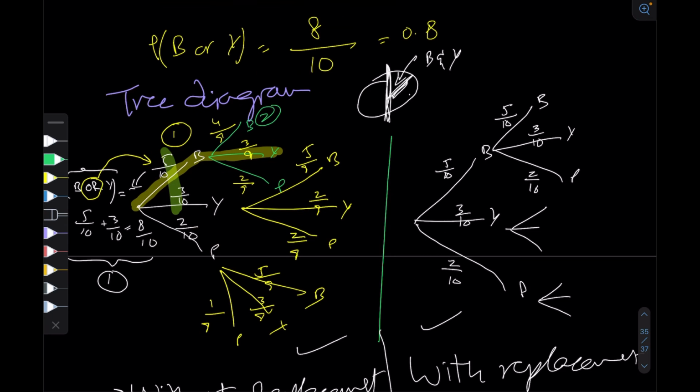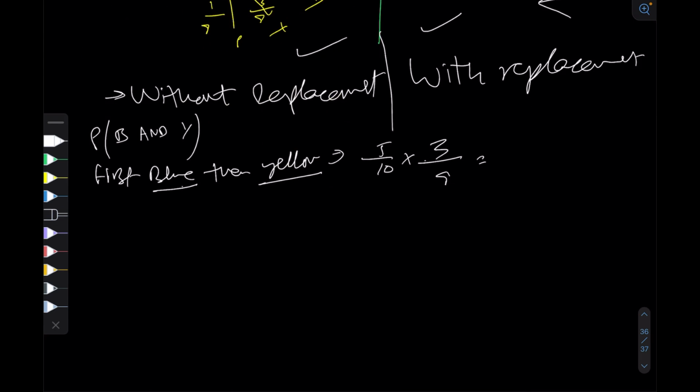So this is the multiplication law, that if you are moving through the branches, then you multiply. So the probability of getting a yellow and then a purple would be 3/10 multiplied by 2/9. Right, so here if I say what is the probability of getting a blue and a yellow, this could be either first blue and then yellow, or first yellow and then blue.